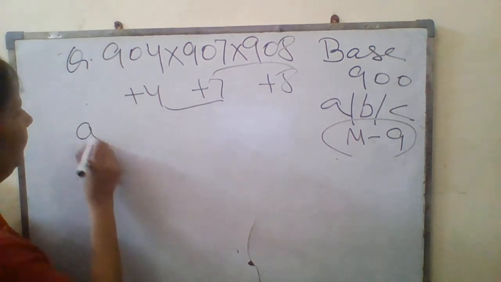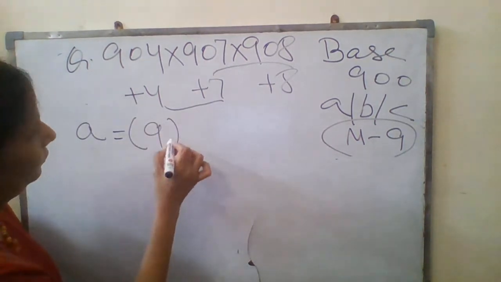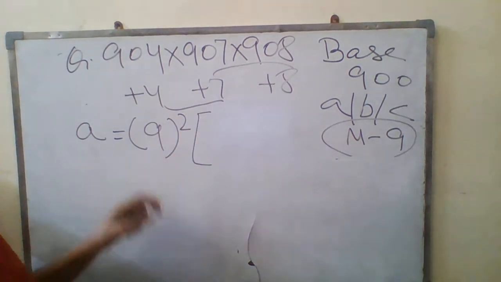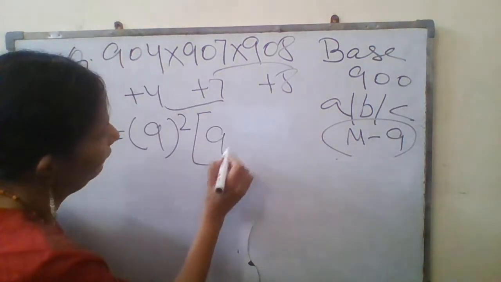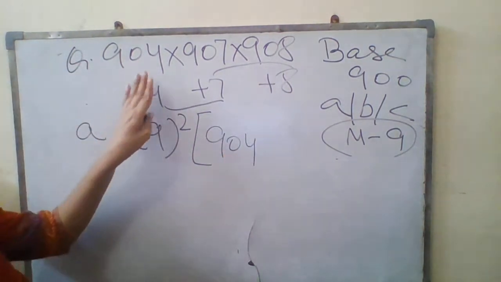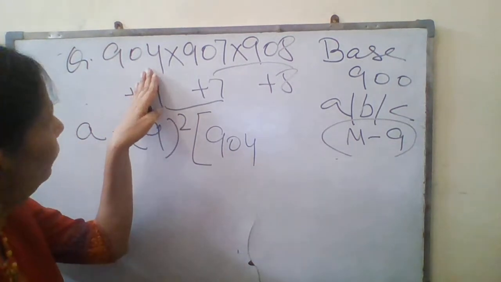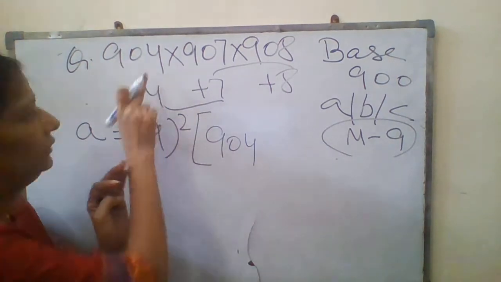Now see, A is equal to square of the multiplier. Okay, 9 square. Now in the bracket, I told you, see, if I am taking 904, I have written this 904. I will not take the excess value of 904. See, this 4 is the excess of 904.